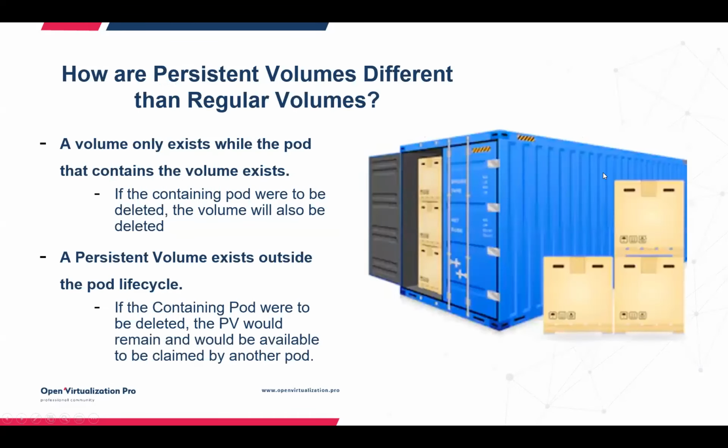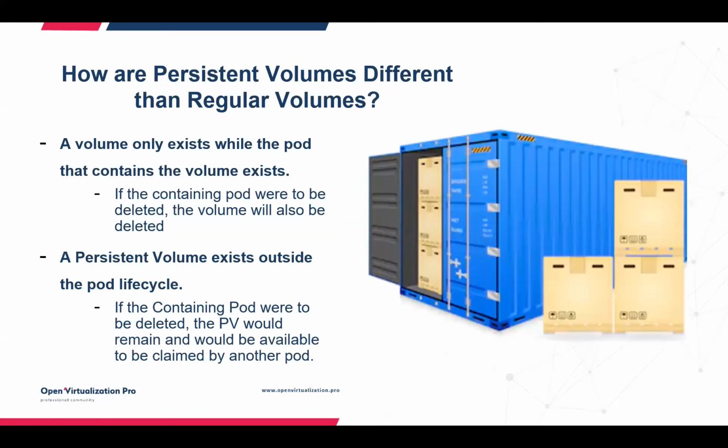So what is a persistent volume and how is it different than a regular volume? A persistent volume is one of two storage abstracts that are available in Kubernetes. You have your typical volumes and you have persistent volumes. With a typical Kubernetes volume, the volume only exists while the pod that contains the volume also exists.